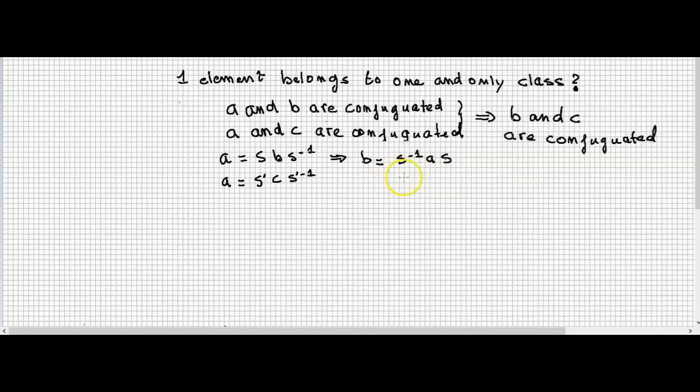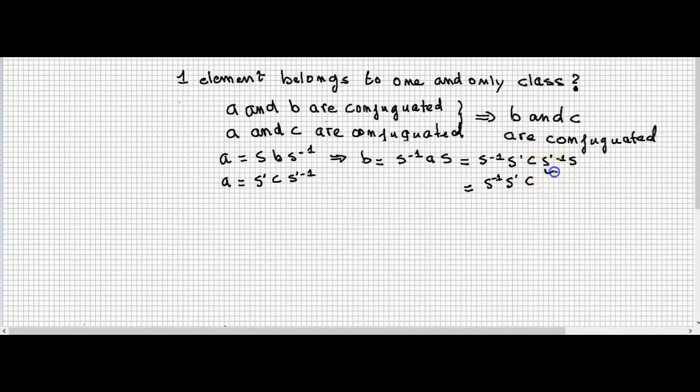Now I will replace the expression for A inside of this one. So I get that B is equal to S minus 1 S prime C S prime minus 1 S. Now I can re-express this the following way.